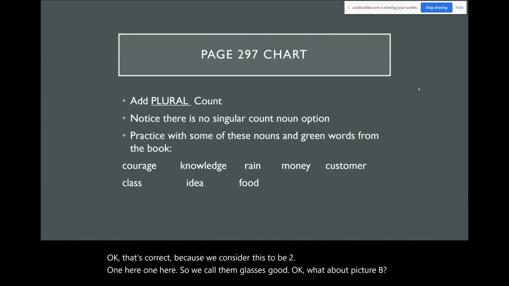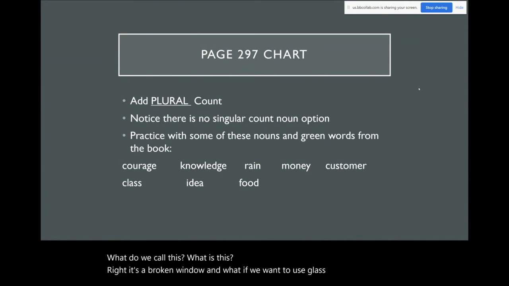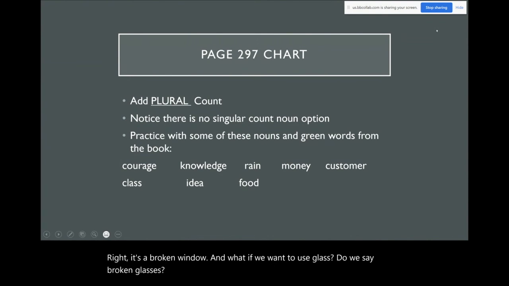Okay, what about picture B? What is this? A broken window. And what if we want to use glass? Do we say broken glasses? No, it's one piece. But what do we call picture B?